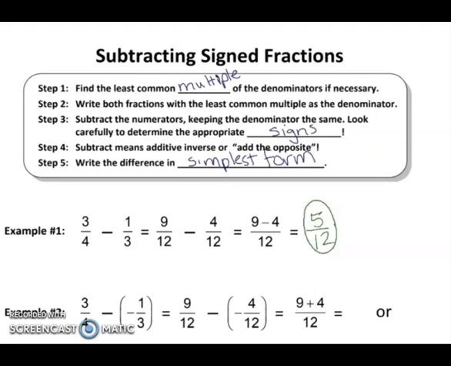Number 2, same numbers, but this time that 1/3 is negative. So still have a common denominator of 12. You have 9 over 12 minus negative 4 over 12. So remember, subtraction of a negative is going to be addition. Change this to the opposite sign. So we're dealing with 9 plus 4. So 9 plus 4 is 13 over 12.